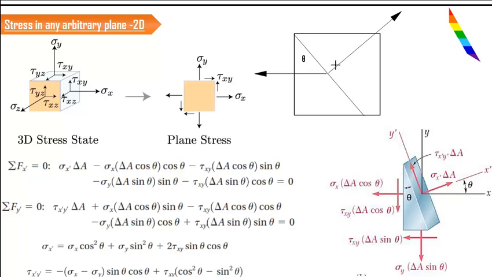And this is the direction we are talking about, the normal direction. Okay, so if you resolve this sigma x delta a cos theta, this angle is theta, right? We have to resolve this particular sigma x delta a cos theta into this particular plane.